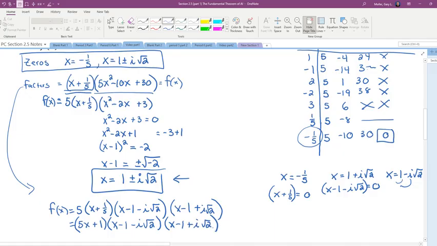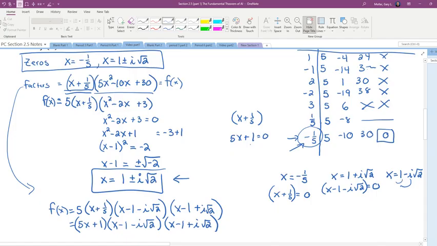Okay? So anytime you think about it, right? If I get negative 1/5 as a 0, like we did over here, that could mean the factor is x plus 1/5, but it could also mean the factor is 5x plus 1. Because if I set that equal to 0, I subtract 1 and divide by 5, and I get negative 1/5.